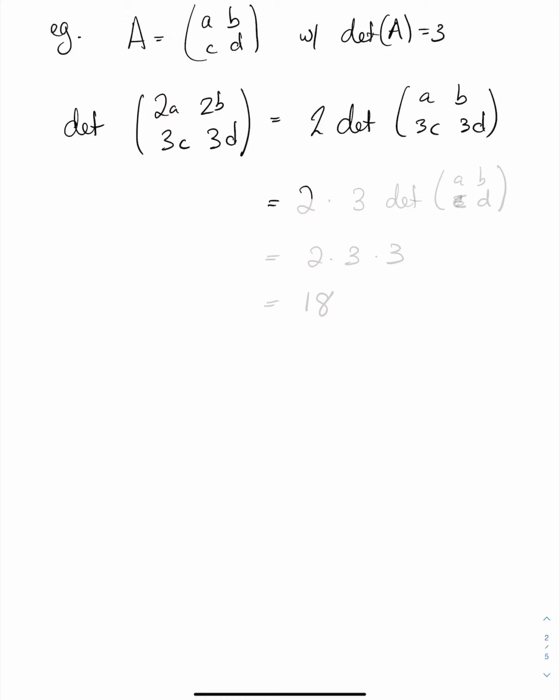This should scale the determinant. And we know what the determinant of a, b, c, d is. By assumption, it is 3. 2 times 3 times 3, 2 times 9, 18.